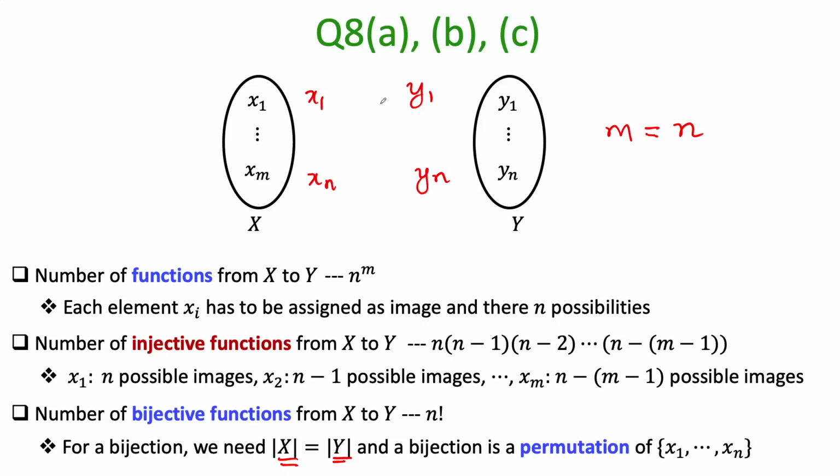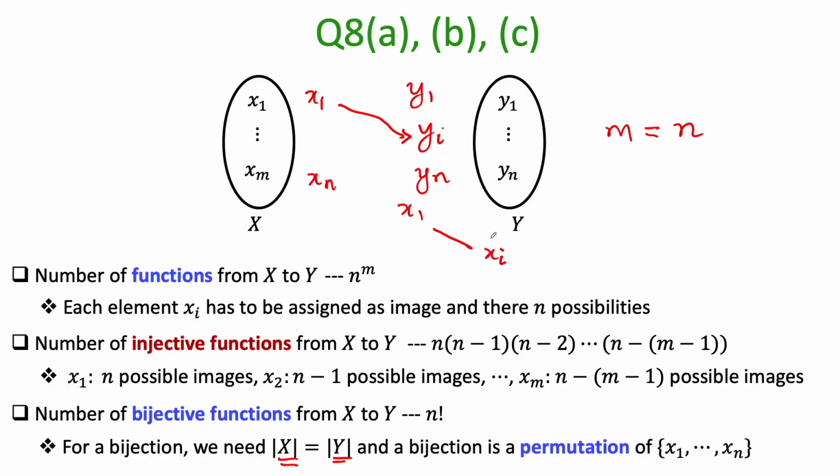So if x1 is assigned the image yi as per your bijection, then I can imagine that x1 is getting shifted to the ith position. That way I can think of a bijection between the x set and the y set.